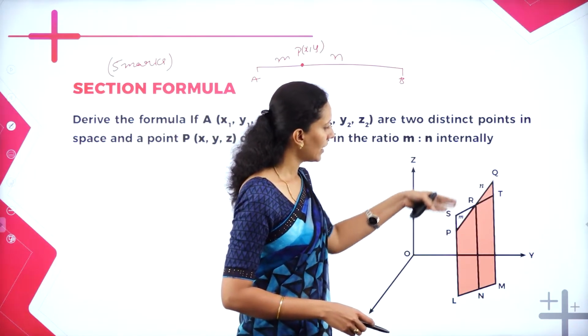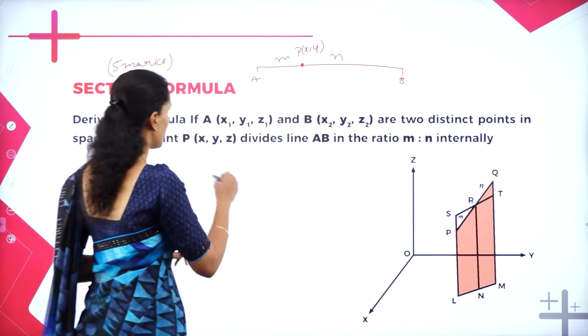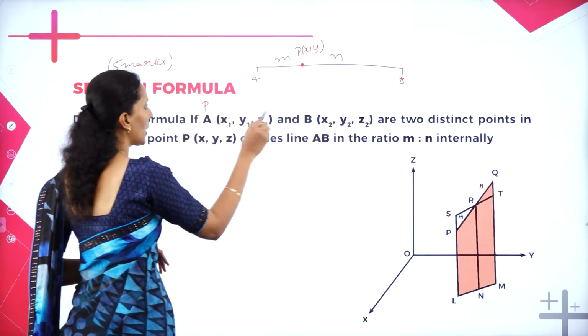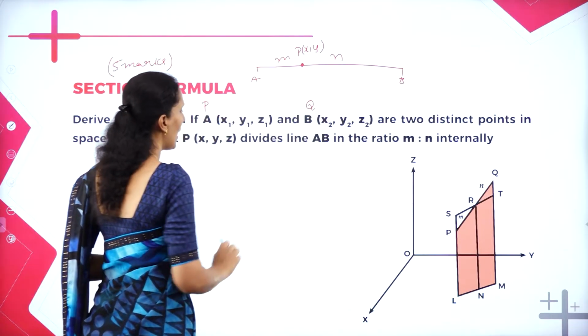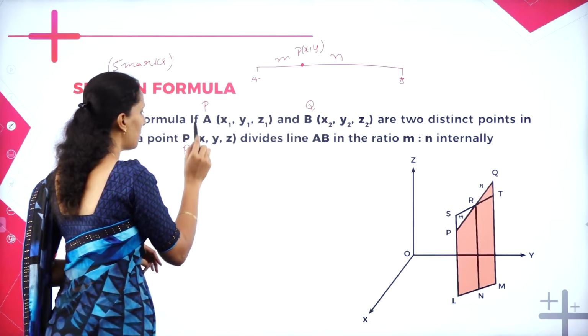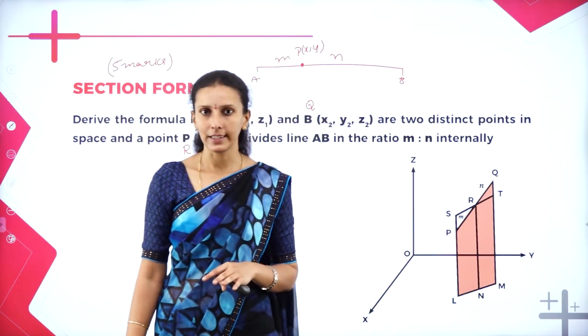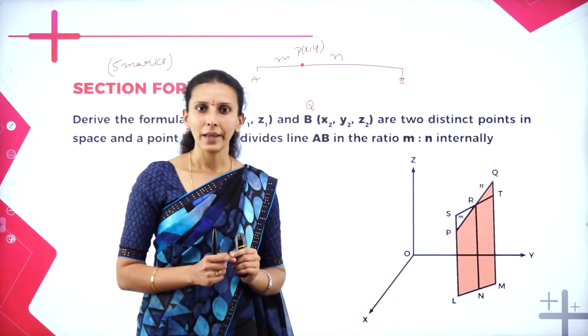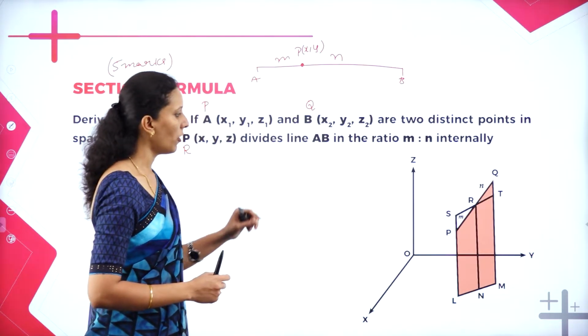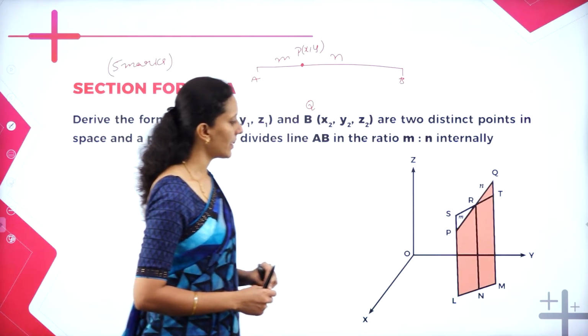So I have taken a line PQ instead of AB. So here let's take PQ as line AB and R as the point P which divides in the ratio m is to n internally. So instead of AB I am just taking the points in the form of PQ. Let's see now.